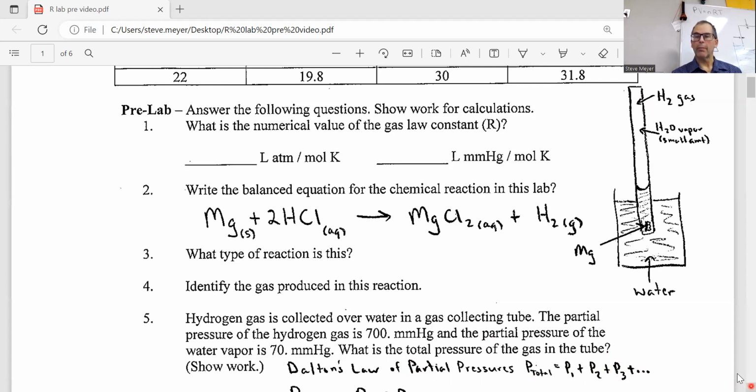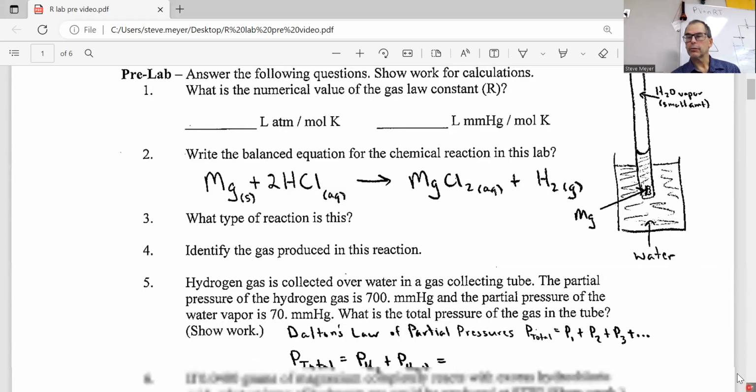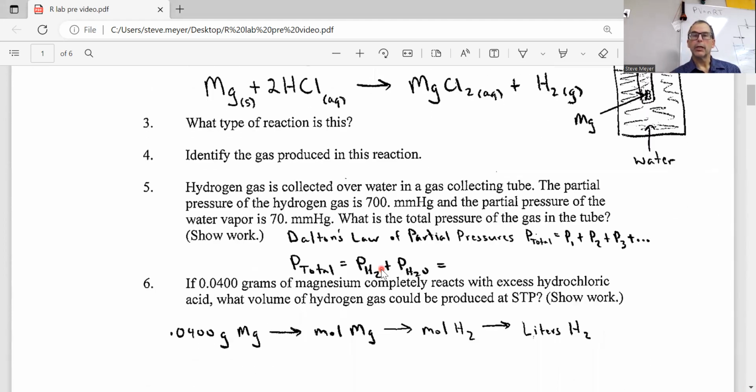And in our lab, what's going to happen is it's going to be just the pressure of hydrogen and water vapor. Now, looking at this question, it says the partial pressure of hydrogen, and the hydrogen is going to be a lot bigger than the pressure of the water vapor when we do the lab. And it looks like it is in this one.